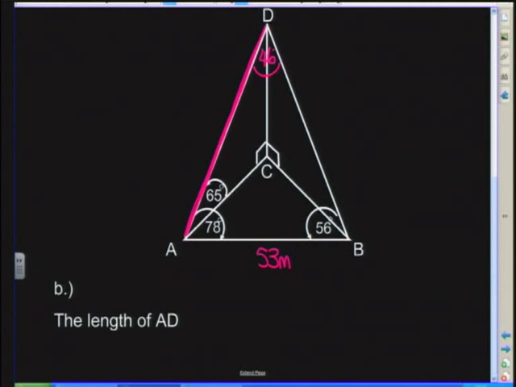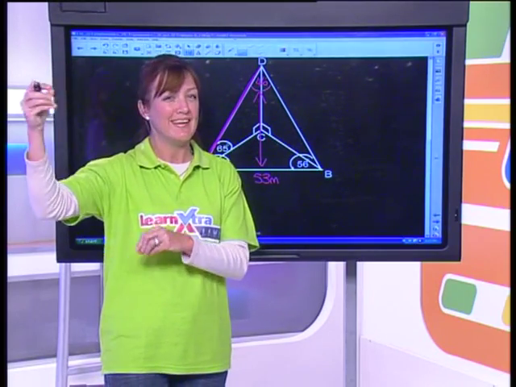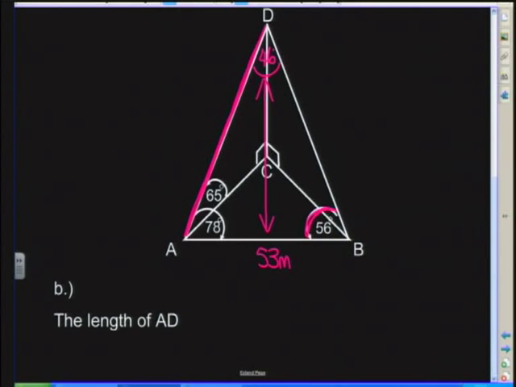Because of that, I can see that I've got a pair of an angle and a side, and they're opposite each other. So that's the known pair that you're looking for, and that's what's going to help you find the length from A to D, because I know that this whole angle over here is 56, which means that there's the other pair that we're looking for. So what are we going to say? I'm going to take the length of 53, and put it over sine of the angle opposite that, which is 46 degrees.